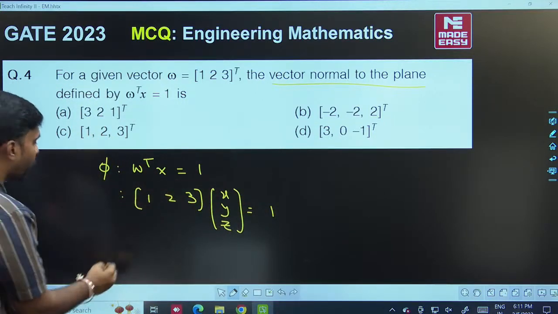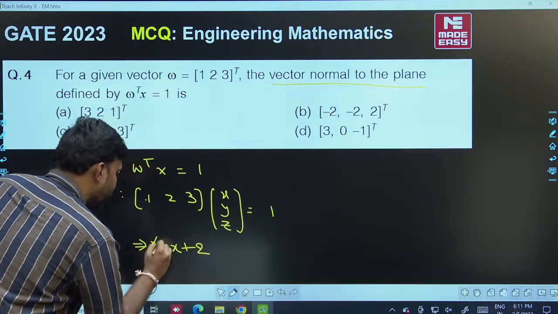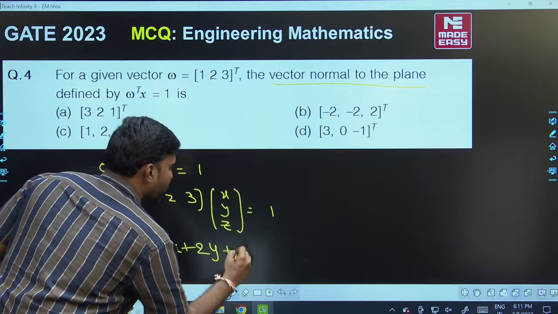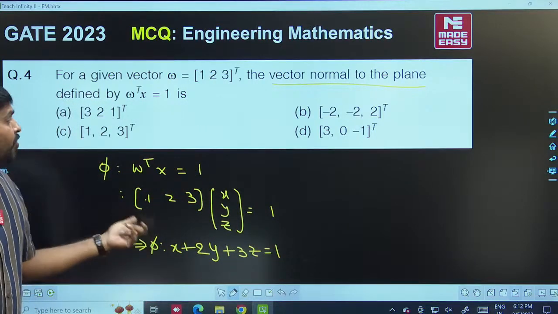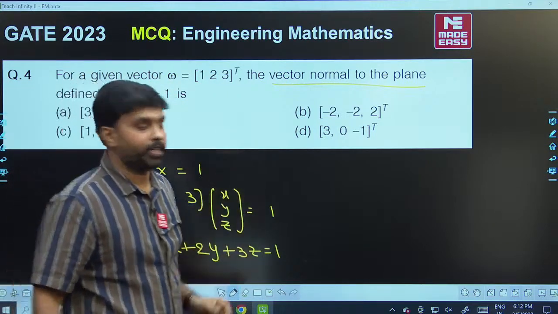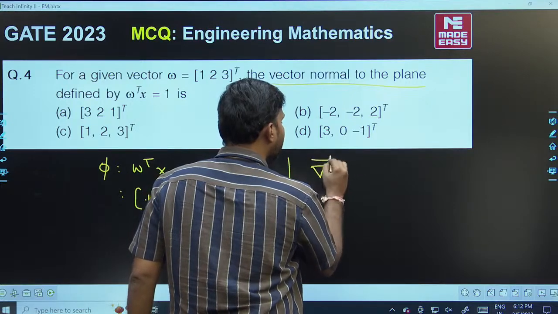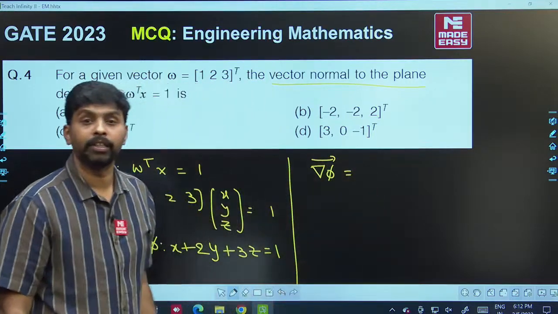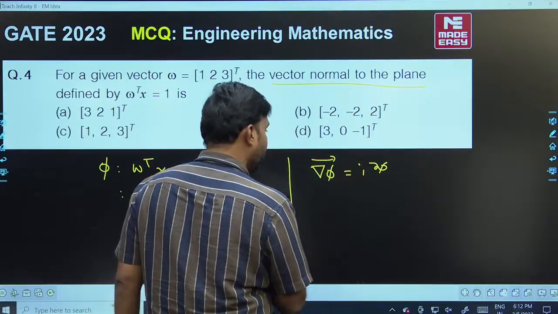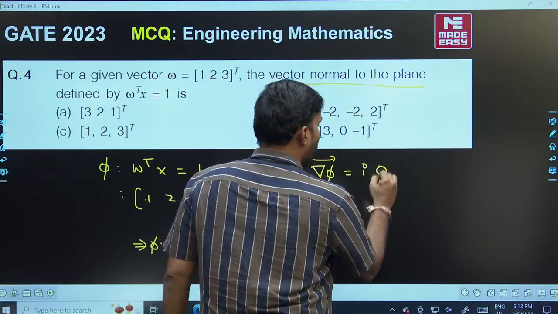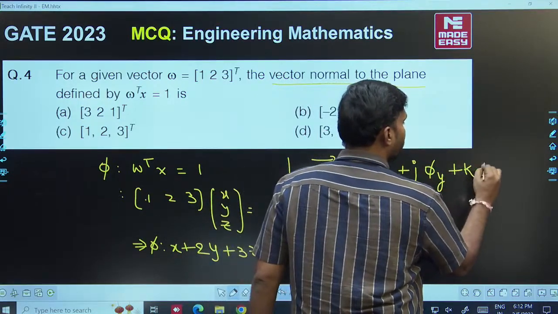If you do this inner product, you will get x plus 2y plus 3z is equal to 1. Yes dear students, this is the plane for which he is asking the normal vector. The normal vector is given by del phi bar, which is i dou phi by dou x plus j dou phi by dou y plus k dou phi by dou z.